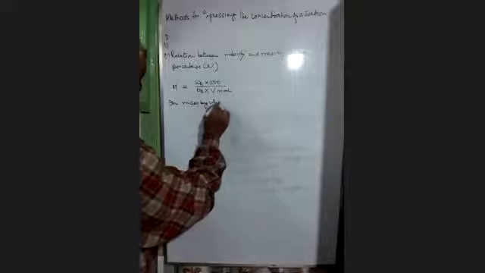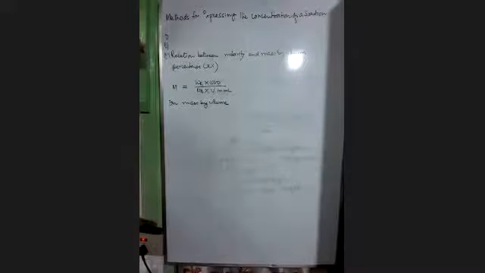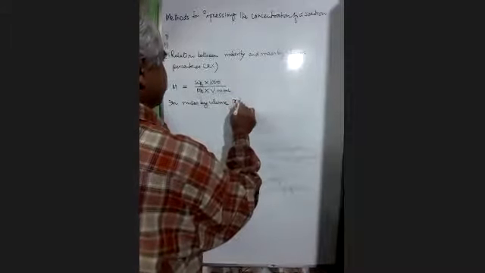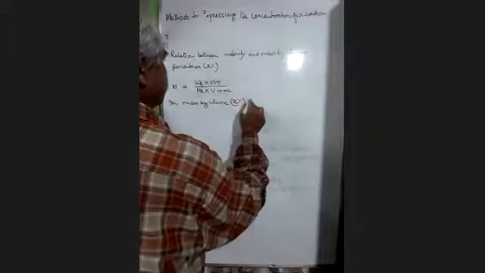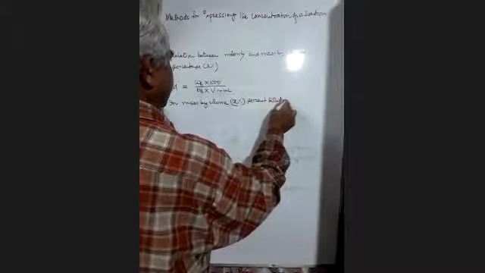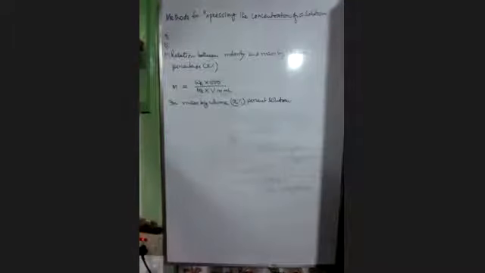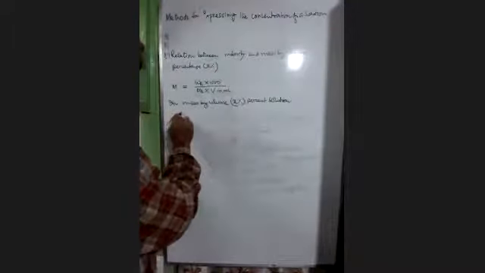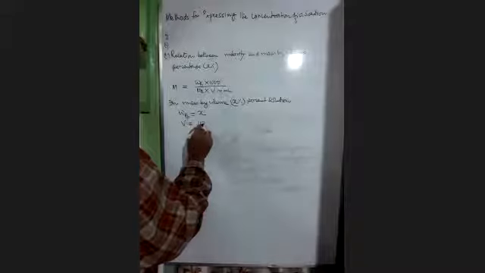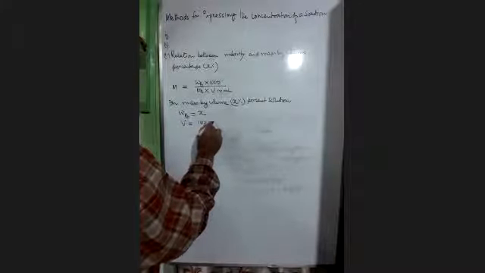Mass by volume, so it is X% solution. X% means X gram is there. So WB is equal to X. And how much amount of solution is there? V, 100 ml. So V is equal to 100.